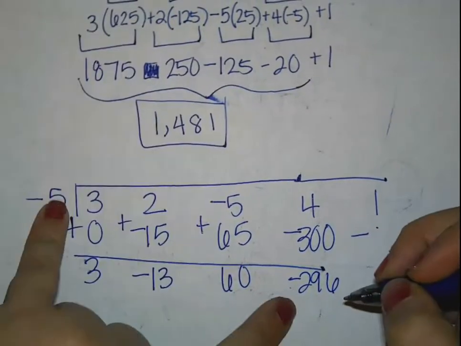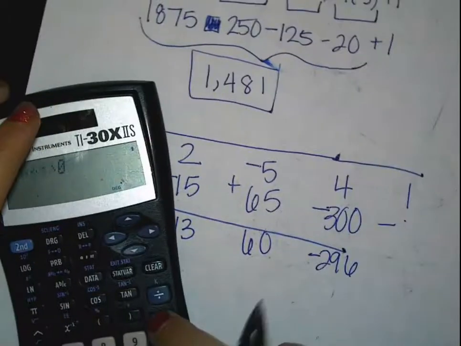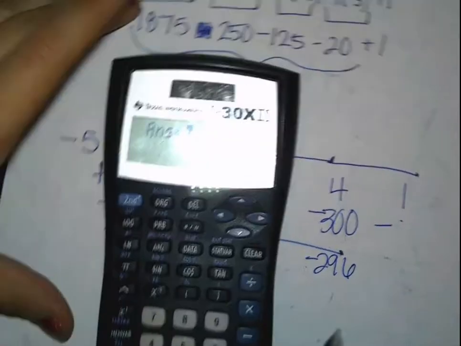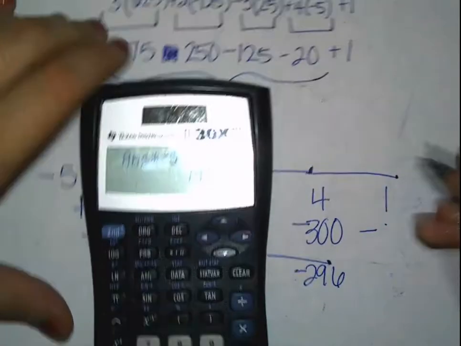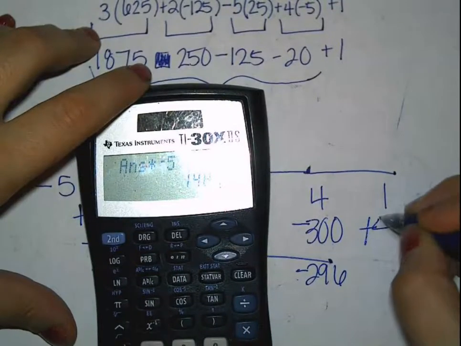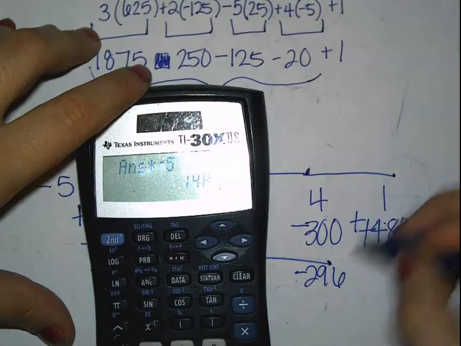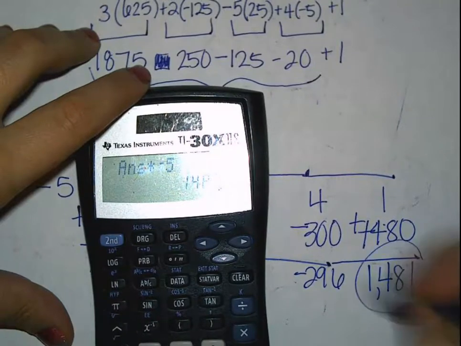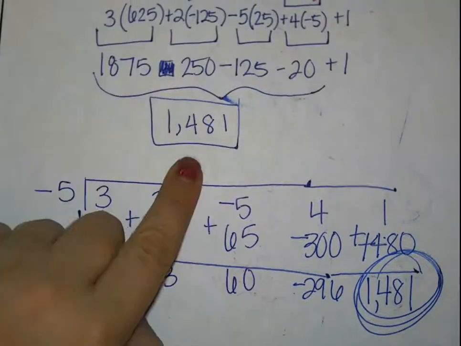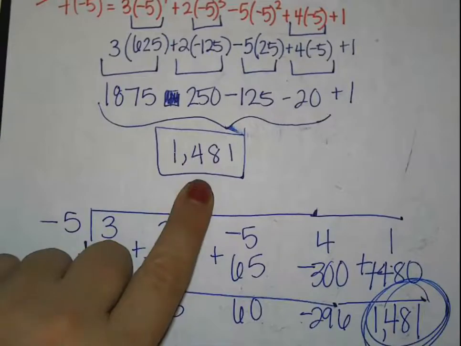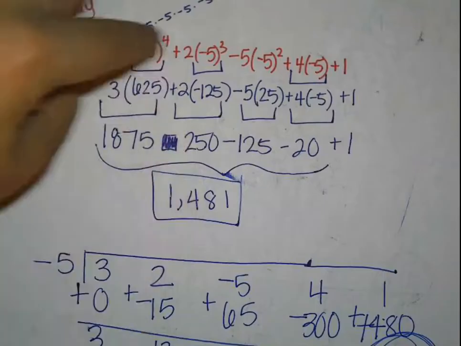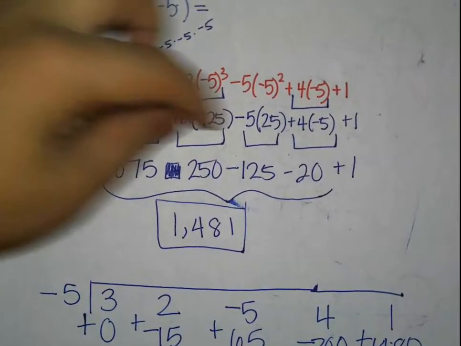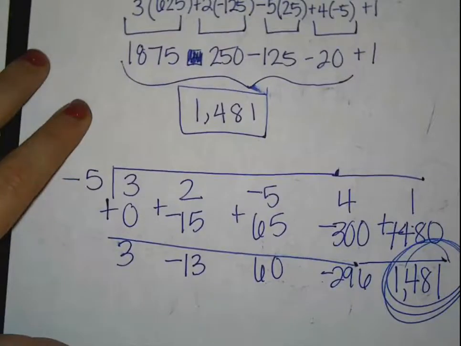Then I multiply here, so negative 296 times negative 5. That's 1,480. And then I add, and I get 1,481, which is the same thing we got up here, but this took a lot longer to have to do all those exponents and then multiply and so on. And we got the same answer.